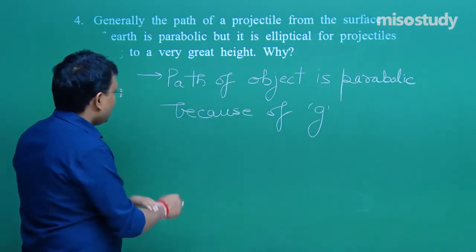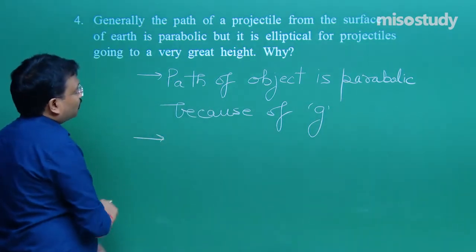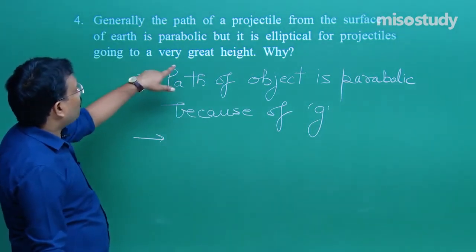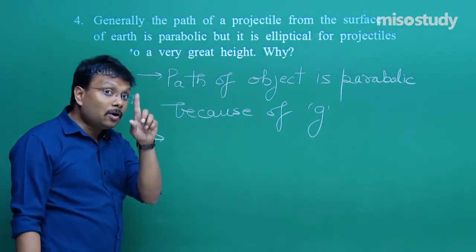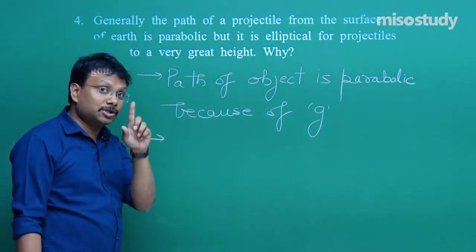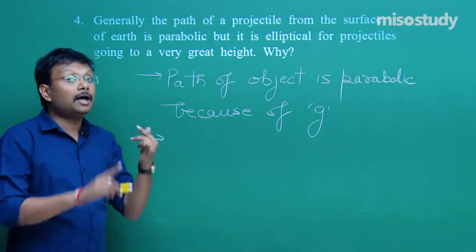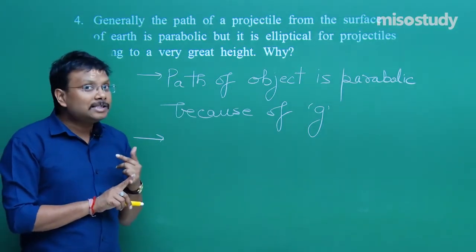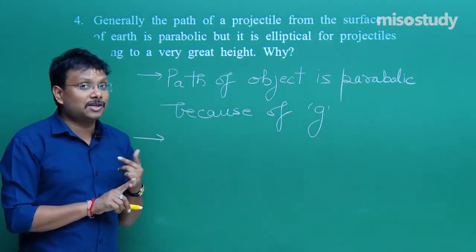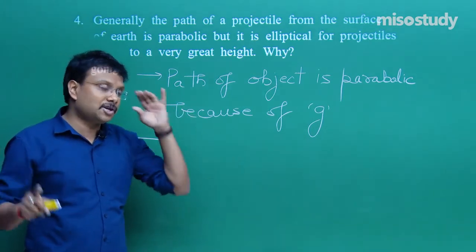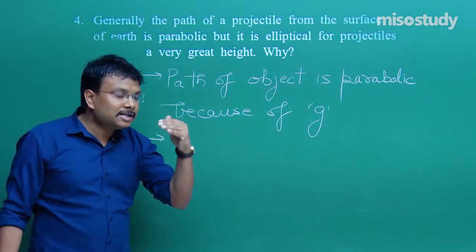Fine. Now let's come to the second point. Very great height. Try to recall the assumptions in projectile motion. I explained very properly. Number 1, height achieved should be less, there is no friction, something like that, these types of assumptions, or you can say initial conditions.